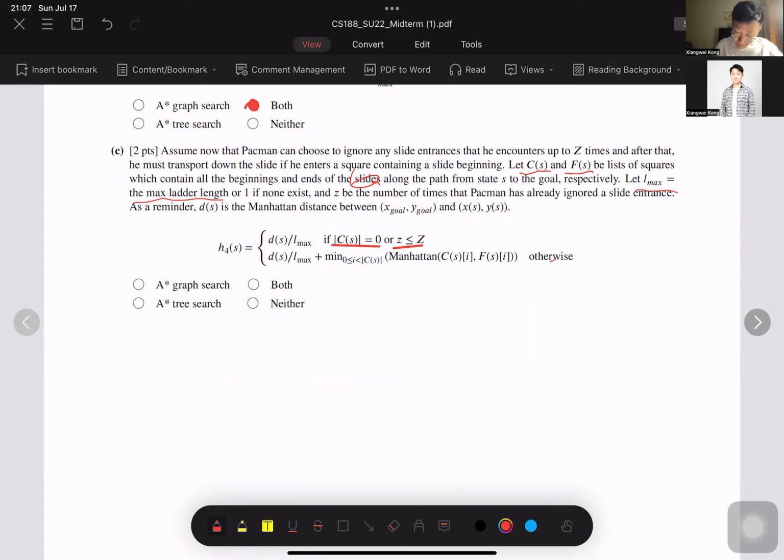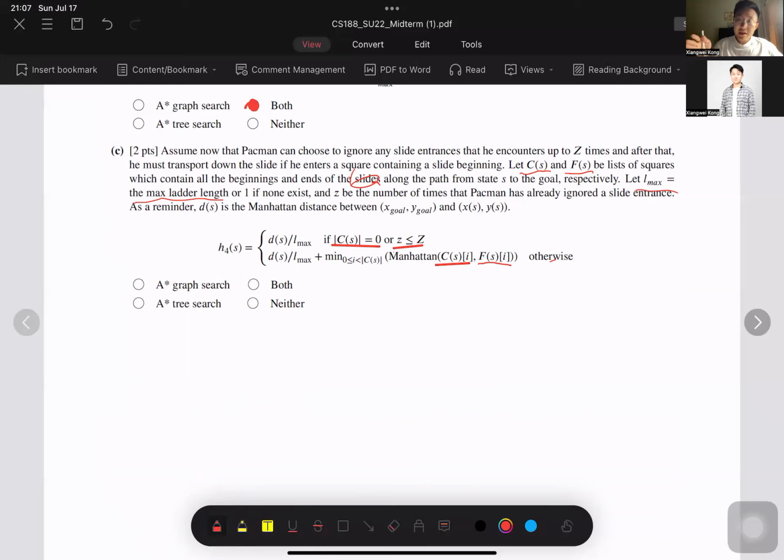For the second part, we can see it's also DS divided by L max, and here the minimum Manhattan distance from the start of the ladder to the end of the ladder. If Pac-Man goes down the slide, it brings Pac-Man away, so Pac-Man should go to that slide.